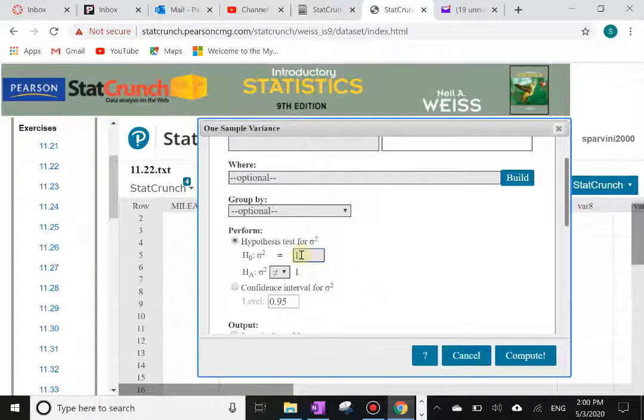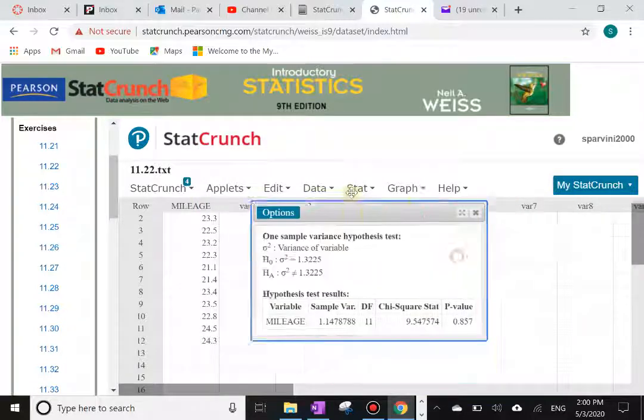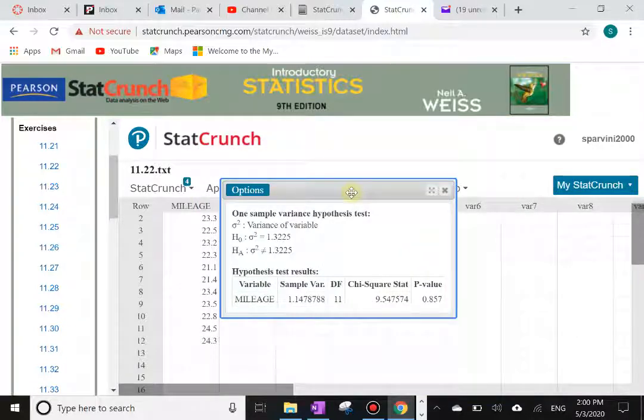I do need to put 1.3225 here still, and let's run this. And there you go. You get the exact same output. It was 9.54. The third decimal was different when I used the summary stats, but this is more accurate.